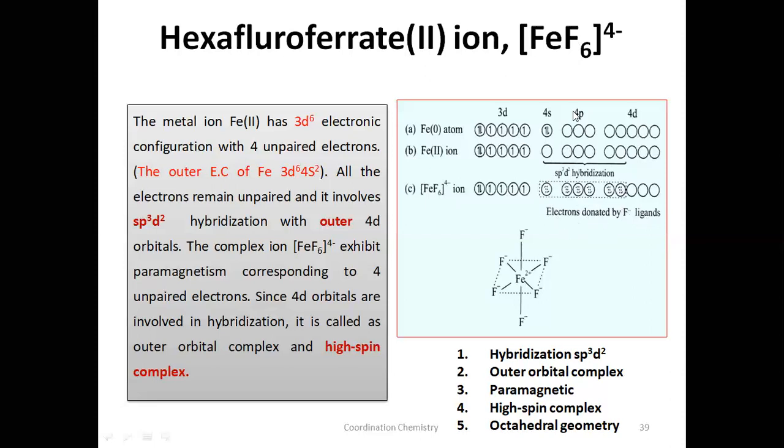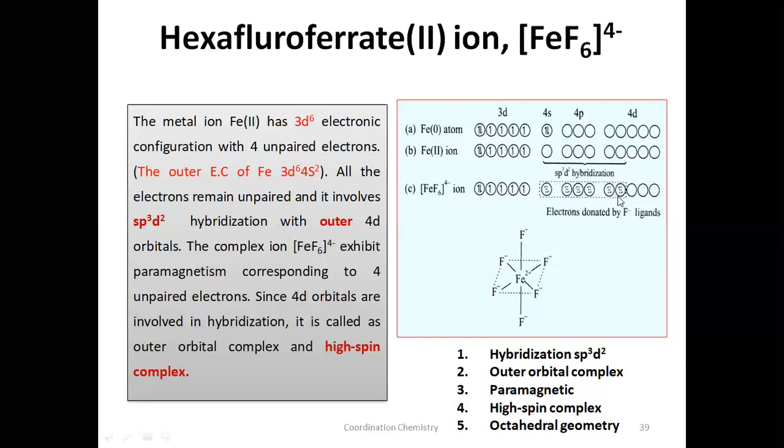If you summarize the valence bond theory of this, the hybridization is sp3d2. Now which orbitals are involved in the hybridization? 4d orbitals, not 3d. If 3d orbitals were involved in the hybridization, then it would be d2sp3, but these are not involved.